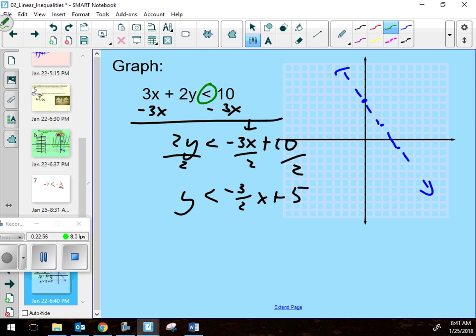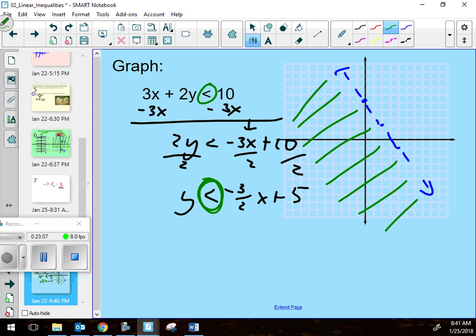All right, next, I judge by this sign right here, because it's solved for y, that it says less than, and that means lower than, and therefore you should shade this way. Okay. Now, what if my life depended on it? I'd take a second and I'd check one. What's the easy one to check? 0, 0. Is 0, 0 supposed to work?